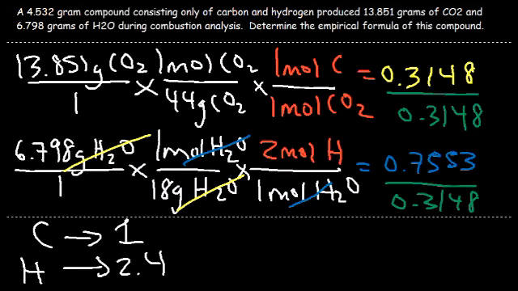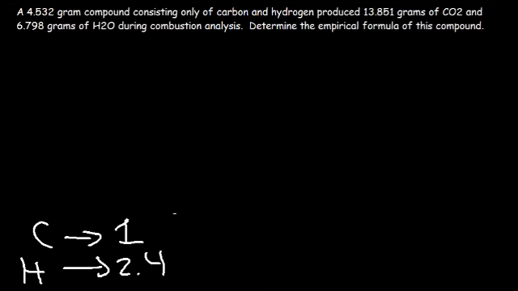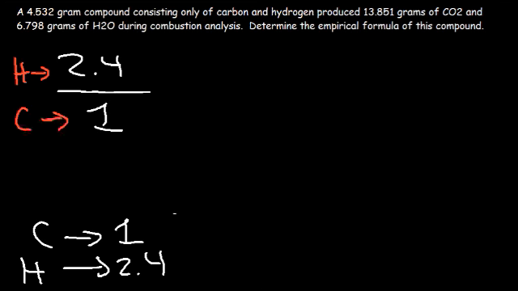So, using this information, how can we get the empirical formula? Let's divide 2.4 by 1. Keep in mind, hydrogen is associated with 2.4, the number on top, and carbon is associated with the number on the bottom.